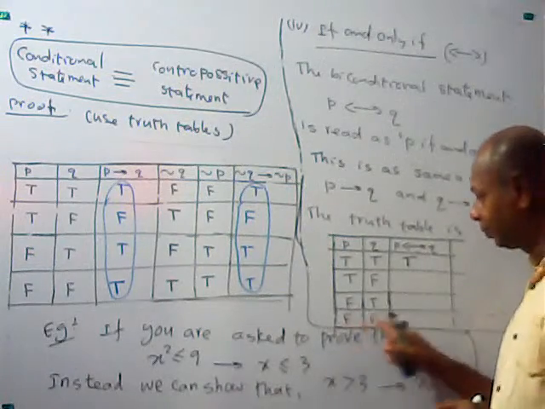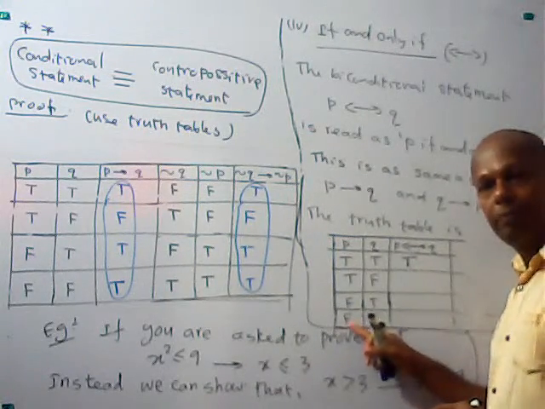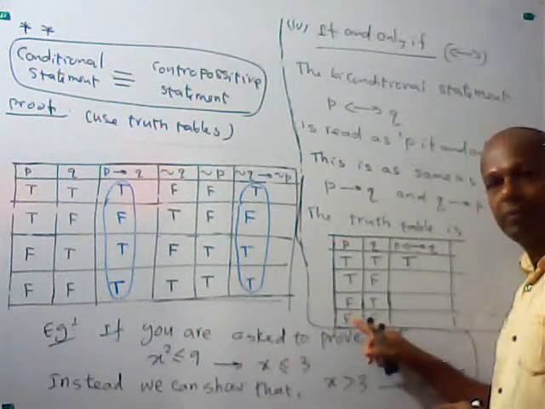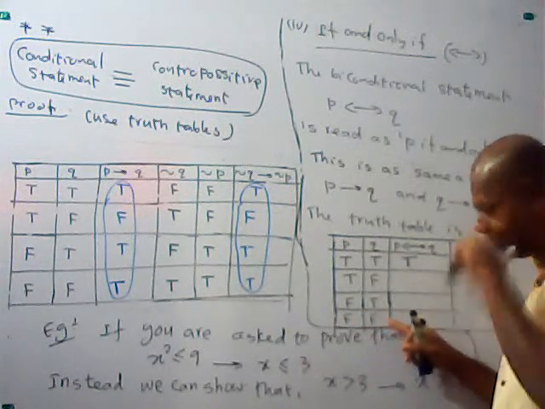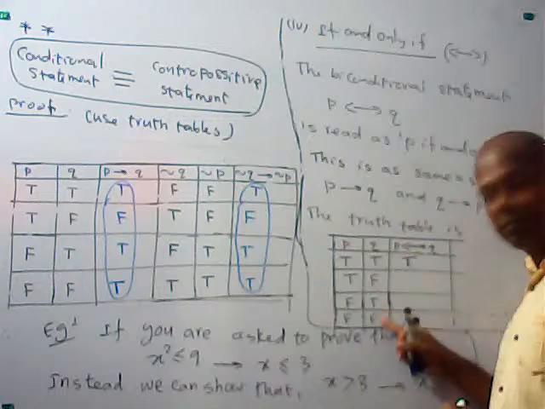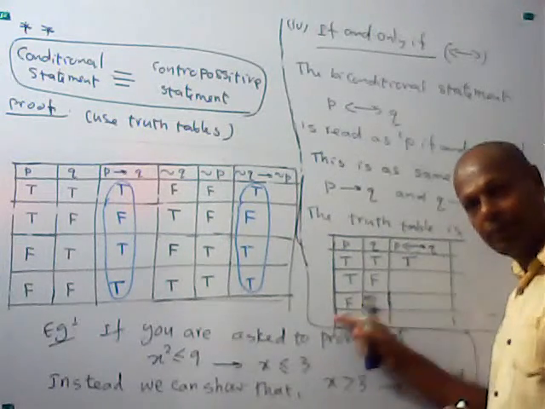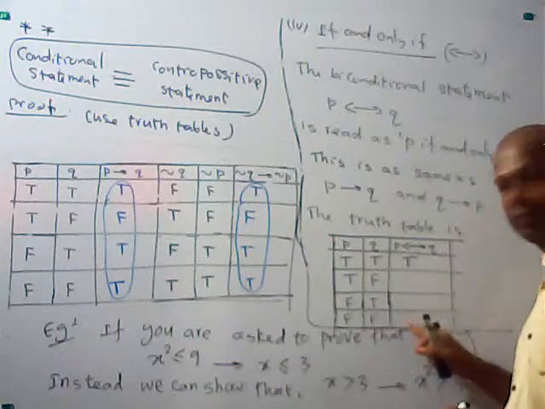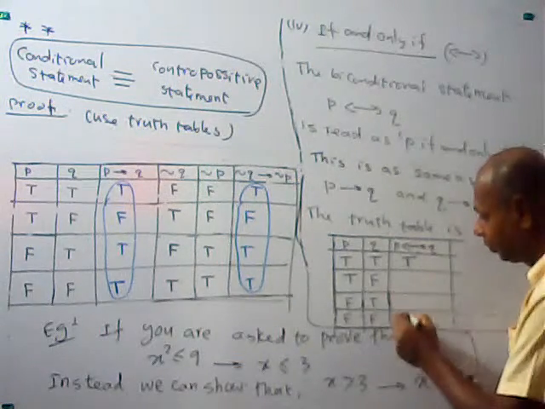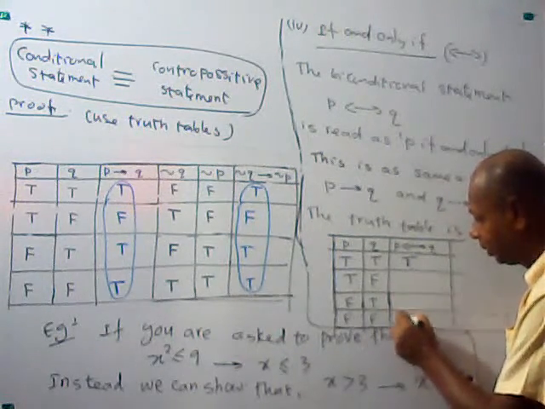Take false and false. Because P is false, P implies Q is true. At the same time, because Q is false, Q implies P is also true. Therefore the whole thing is true.